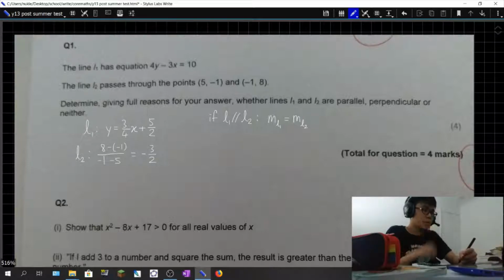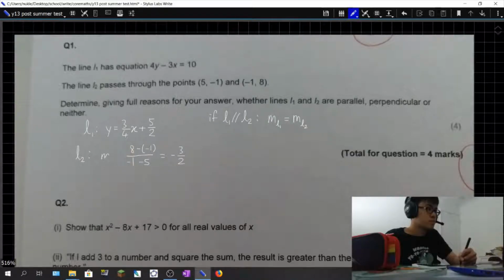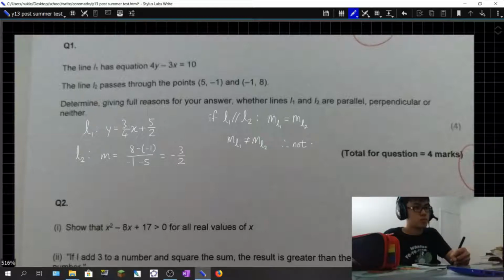Okay, and here we have, well, this is our gradient. Okay, for L2, so that's negative 3 over 2. But for L1 we have 3 over 4, which is not the same. So we have shown that gradient of L1 is not equal to gradient of L2, therefore it's not parallel.